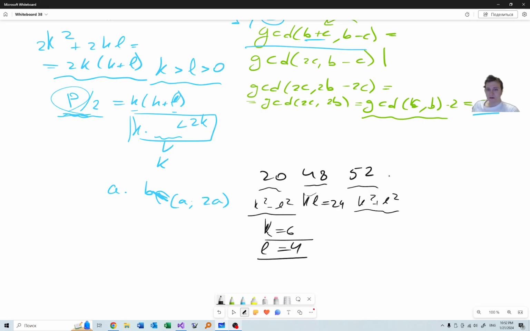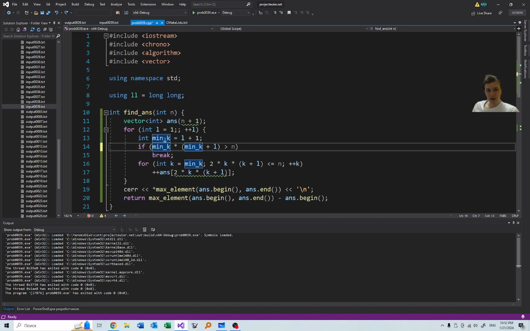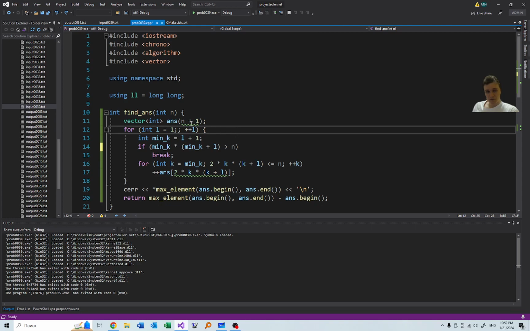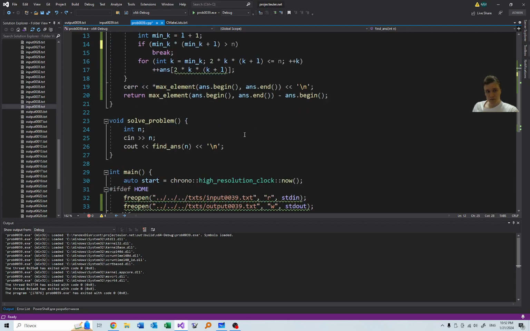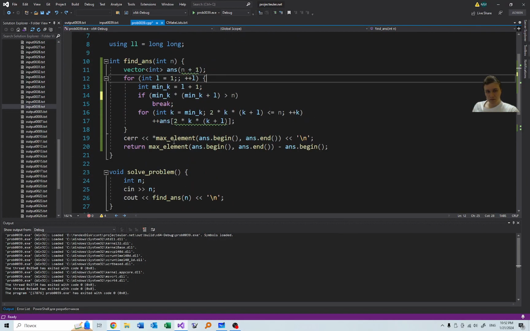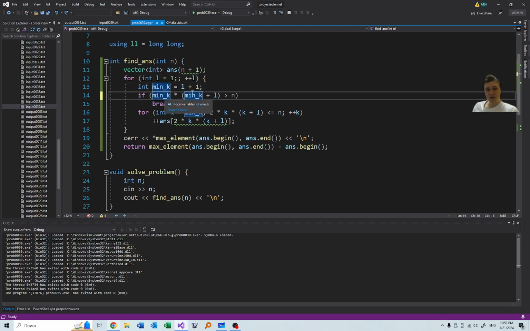Yes. Now, when it looks at l equals 4, which it should, let's take l equals 4. Then minimum k equals 5. 5 times 9 is not greater than n, so we don't break.